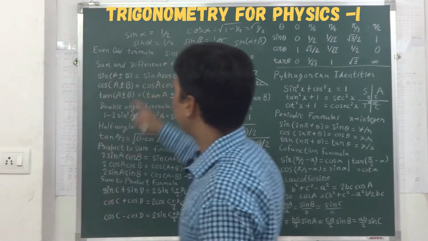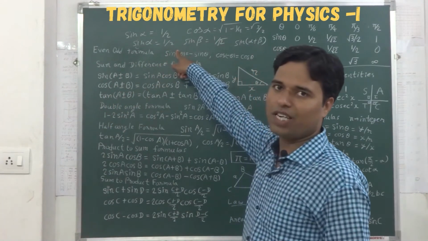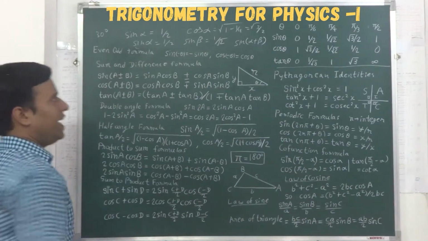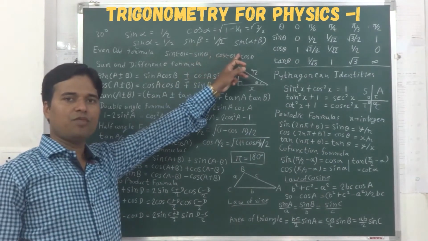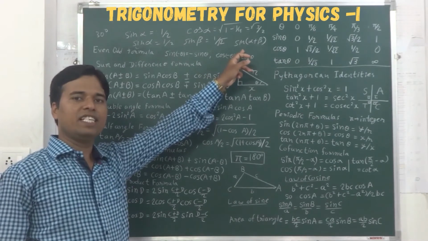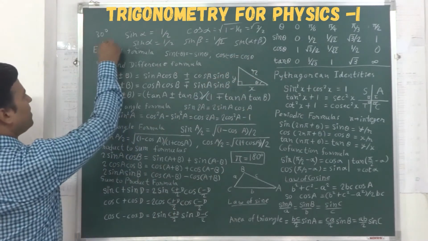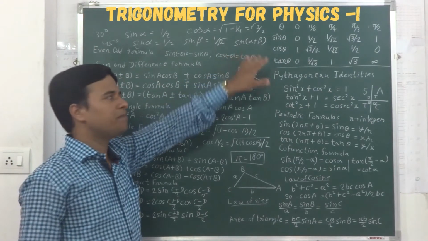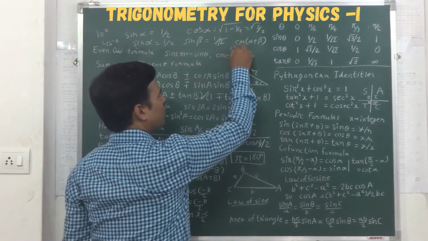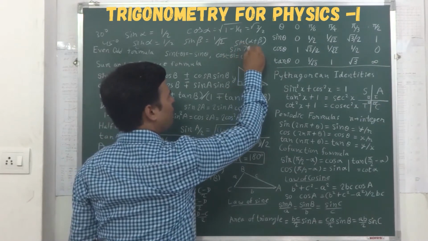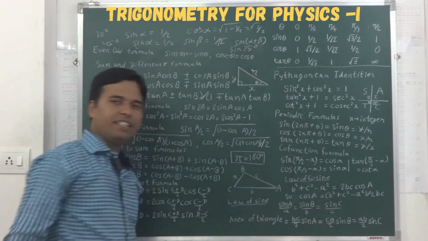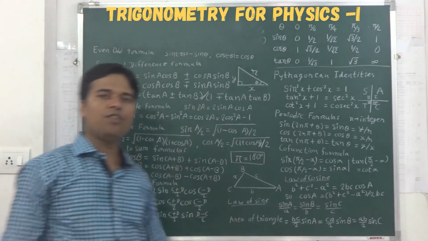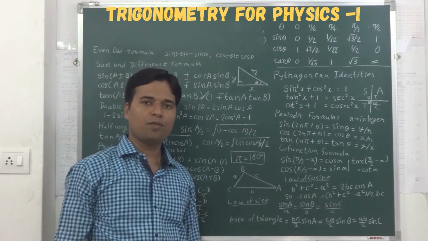You know it very well, the sine alpha is equal to 1 by 2 here, so alpha value is 30 degree and sine beta is equal to 1 by root 2, so beta value is here 45 degree. So if you are finding sine of alpha plus beta, you are going to find the value of sine of 75 degree.